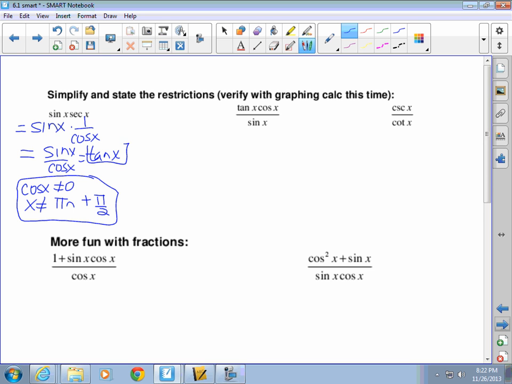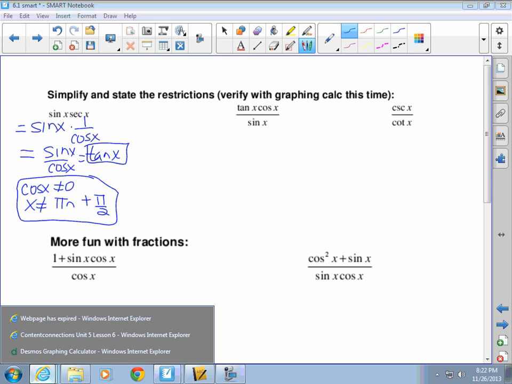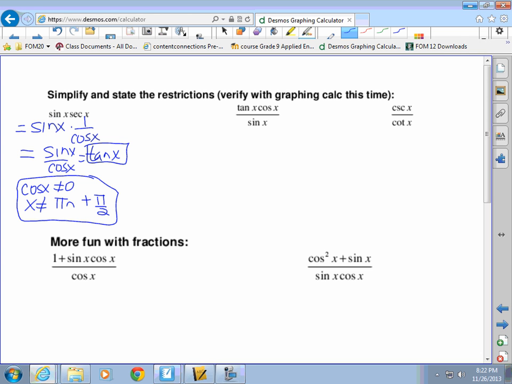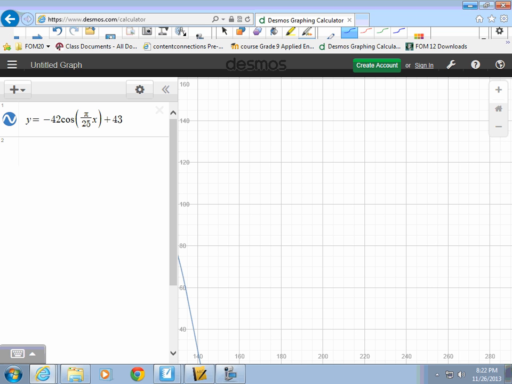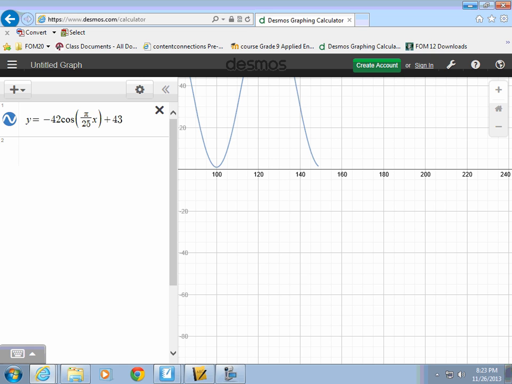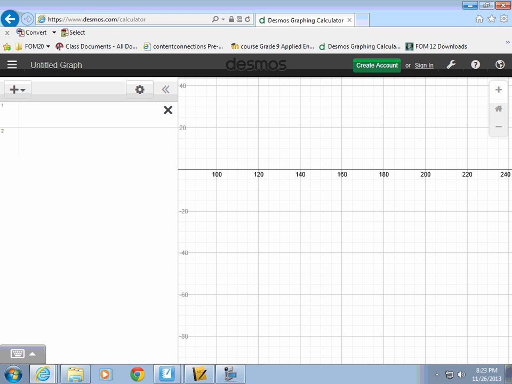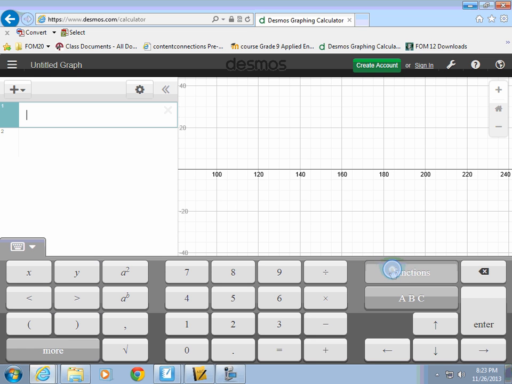So there's our restriction, and there's our solution, and let's check on a graphing calculator. There it is. Okay. So our original equation was sin x times secant x. Oops. So I need my functions here.